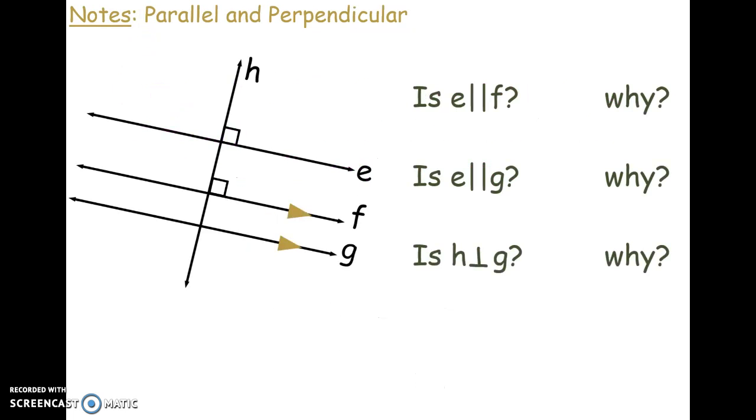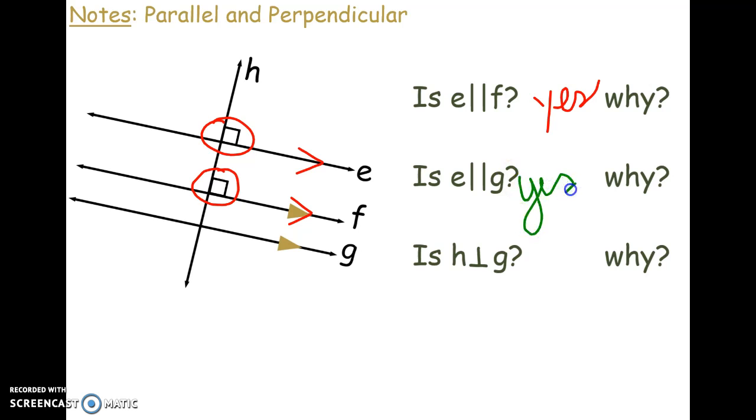So a couple things. Is E parallel to F? That would be yes, because these are both perpendicular to H, so these have to both be parallel. Is E parallel to G?